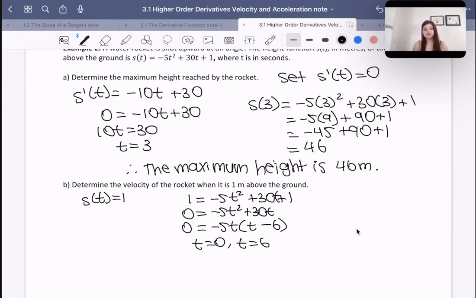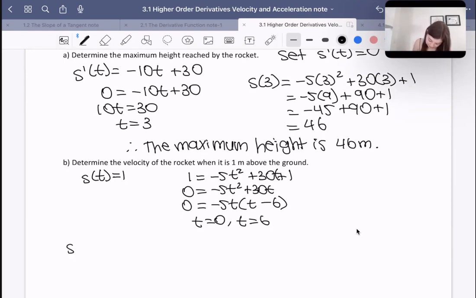Now we want to know what the velocity is during those two times when we're 1 meter above the ground. Velocity is equal to s prime of t, which is negative 10t plus 30, as we established before.